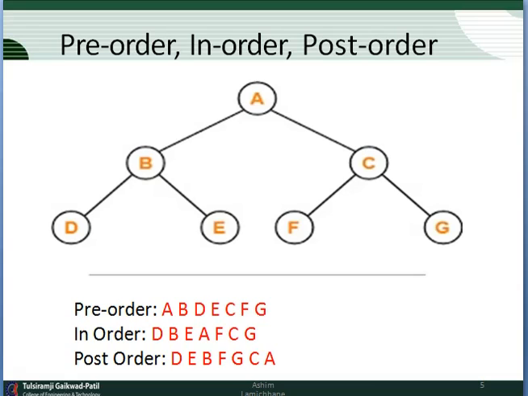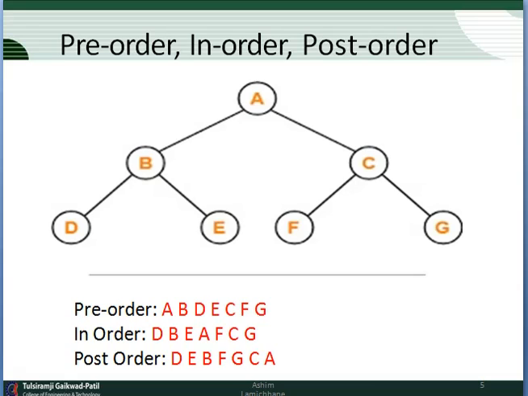So first A will print, then on the left hand side there is again one left subtree which has the root B, which again has two different children, that is D and E. So A, B, then D, then E. It means the left part is already covered after the root.